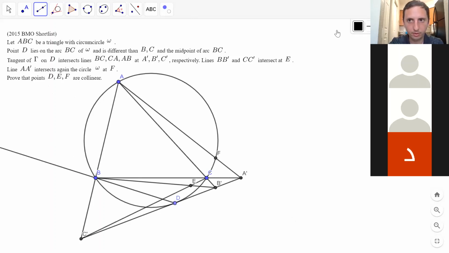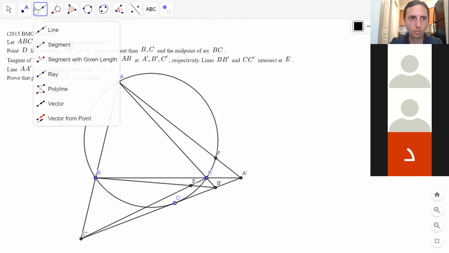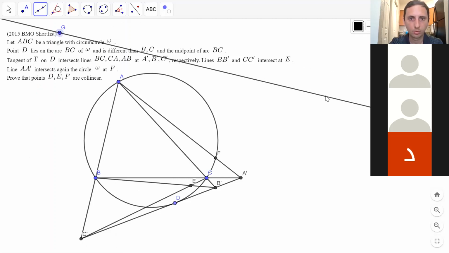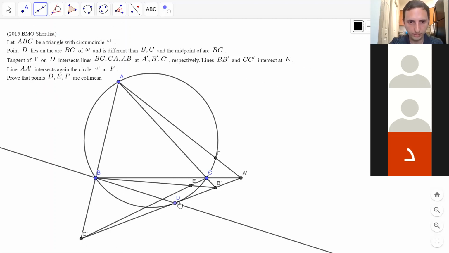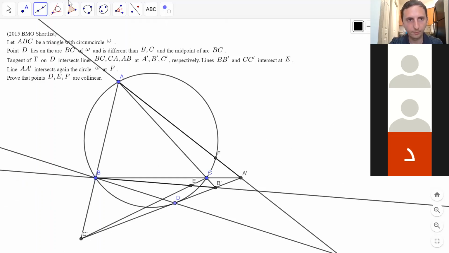So yeah, what if I let BD meet AA prime at a point, and then I let BB prime meet AA prime at a point.